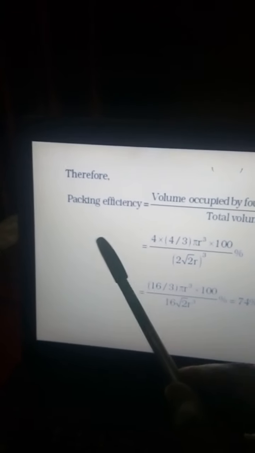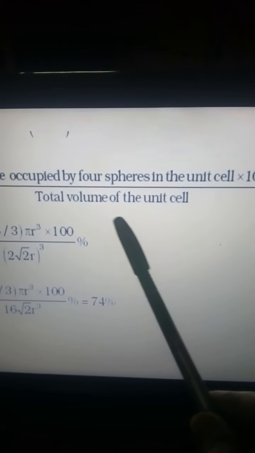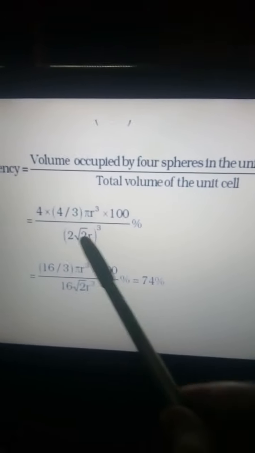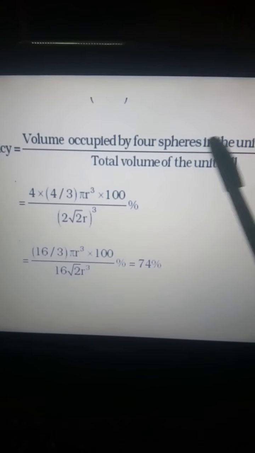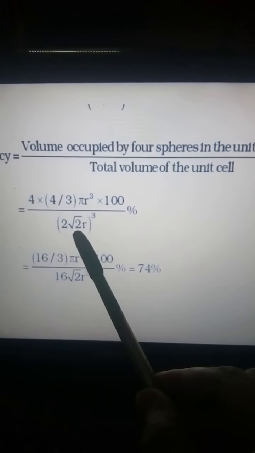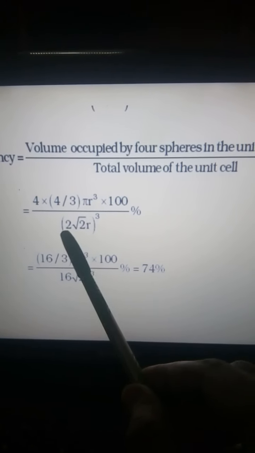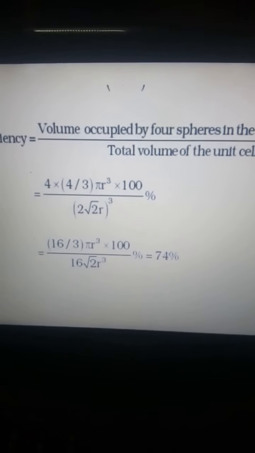Now the volume occupied by the 4 spheres, we have just seen, is 4 into 4 by 3 pi r cube, divided by the total volume of the unit cell, that is a cube, which is equal to 2 root 2 r whole cube, into 100%.